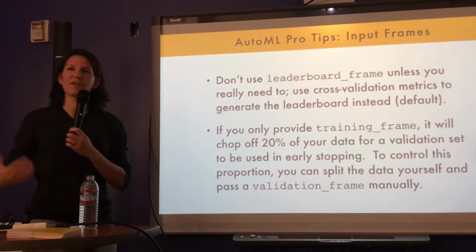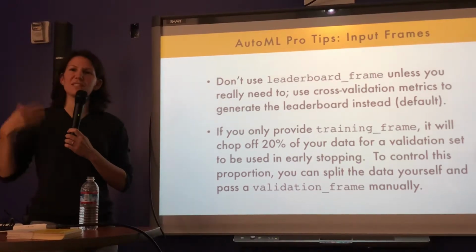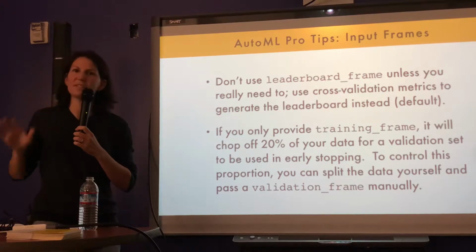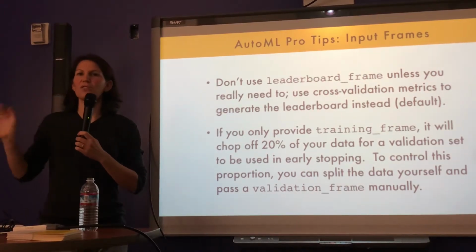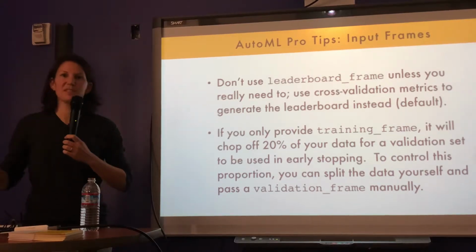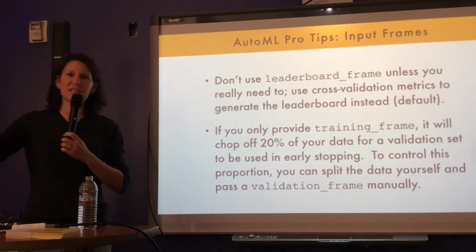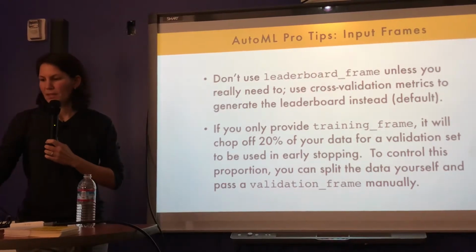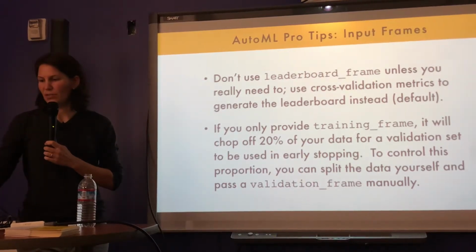So we're being more resourceful and efficient with the data that you have if you don't pass a leaderboard frame. Ignore that argument unless you have a specific reason and you want to score on a particular data set. So don't use it unless you know that you have to.